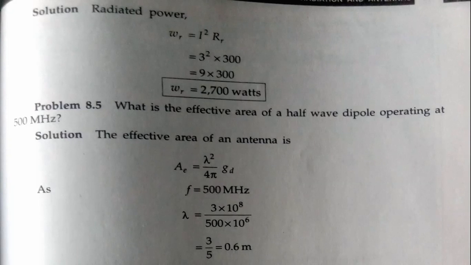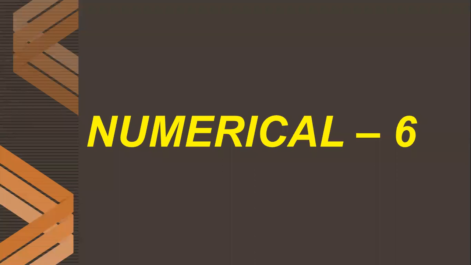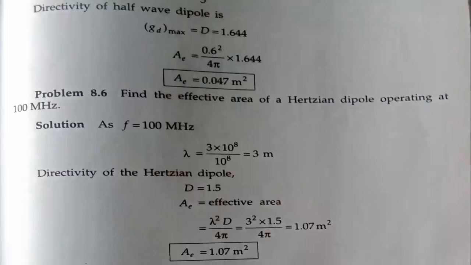In this way, if you substitute, you will get lambda as 3 by 5, that is 0.6 meter. 0.6 meter is the wavelength.